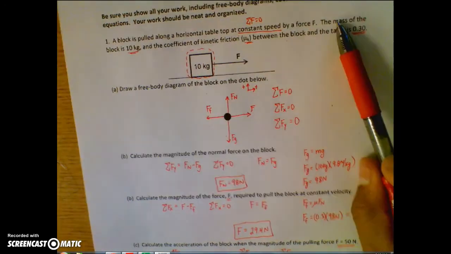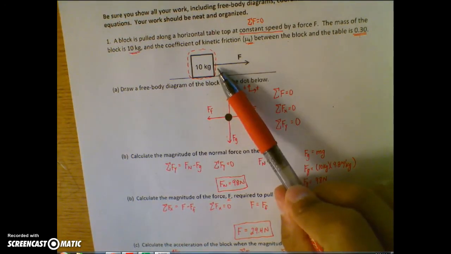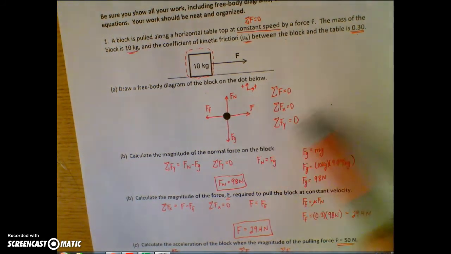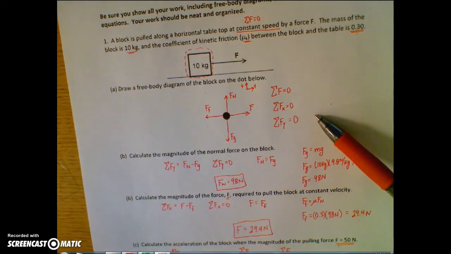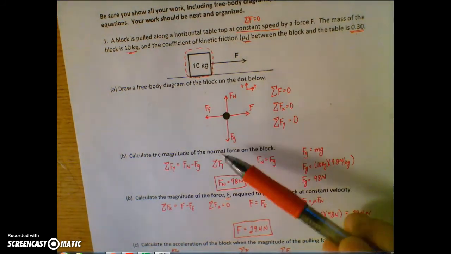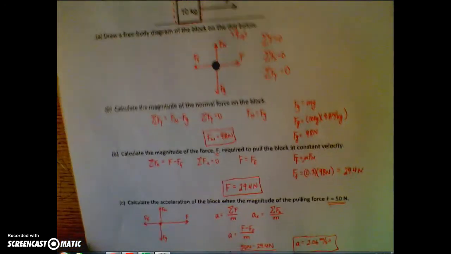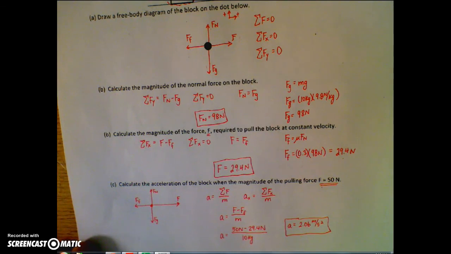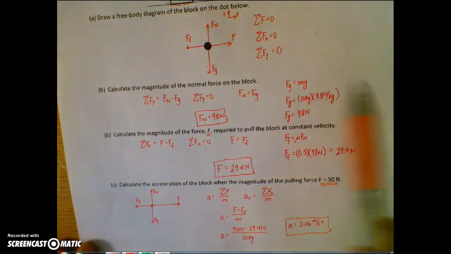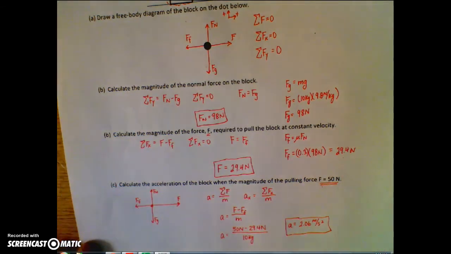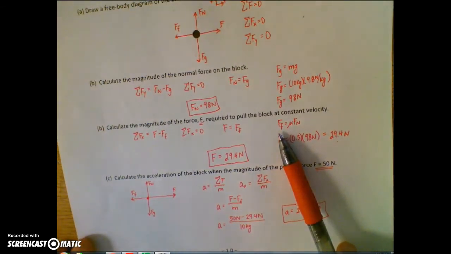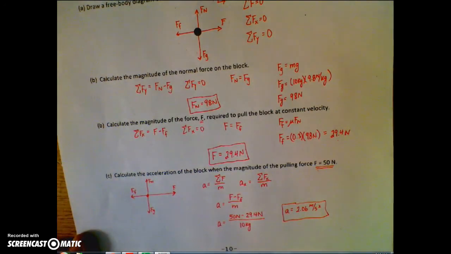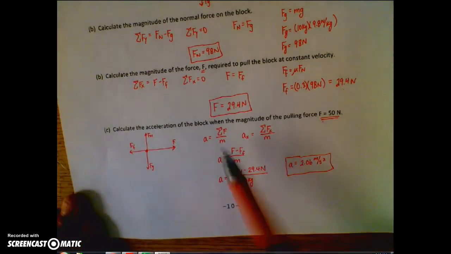First, we're reading the problem, looking at a picture or drawing a picture if there isn't one, determining our system, drawing a free body diagram, determining maybe what our net force equations may look like if they're zero, using our net force equations to solve for things like a normal force or an applied force in this case, knowing that our gravitational force is mass times the gravitational field strength, knowing that our frictional force is a coefficient of friction and a normal force, and applying all of that information together to solve for an acceleration using Newton's second law of motion.